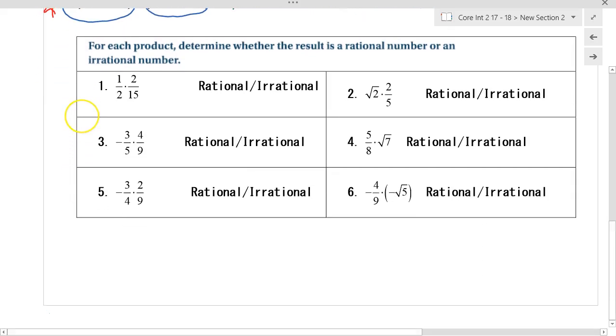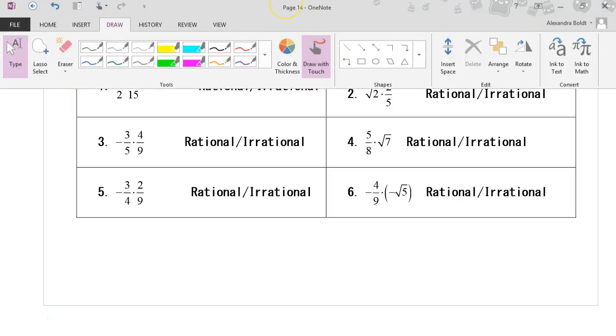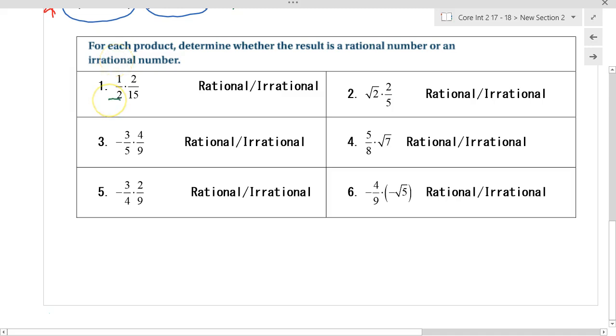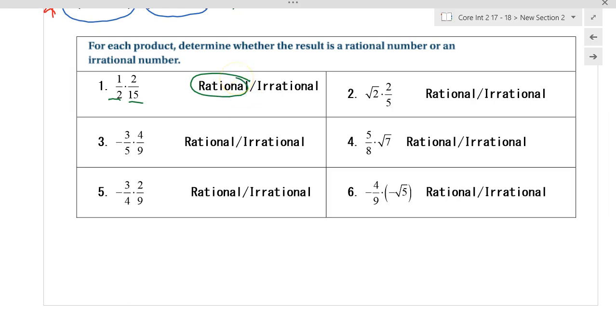So again, real quickly, we're going to go through and just decide from what we know, our rules, whether these answers are going to be rational or irrational without doing them. Rational is a fraction. That means it's going to be rational. Two rational numbers will always give you rational.